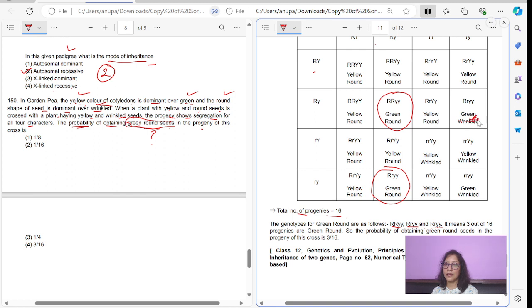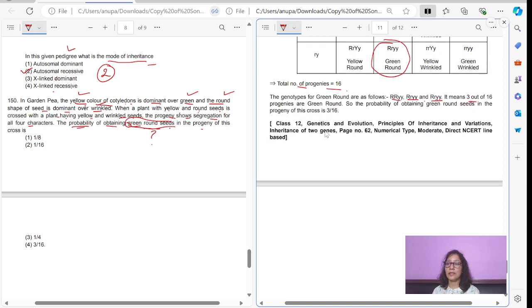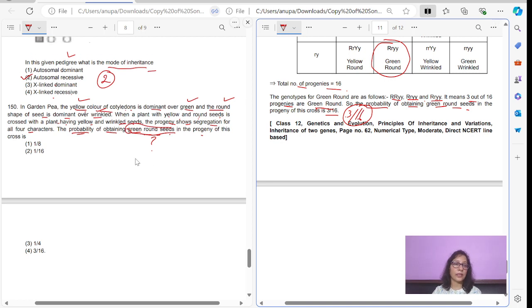This is green round. So here we can find only three green round. It means that 3 out of 16 progenies are green round. So if we find out the probability of obtaining green round seeds, we will find 3 by 16. Means 3 out of 16 are green round. So the answer for this question will be 3 by 16.